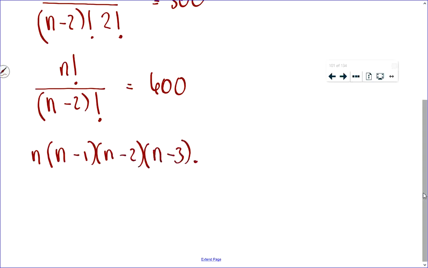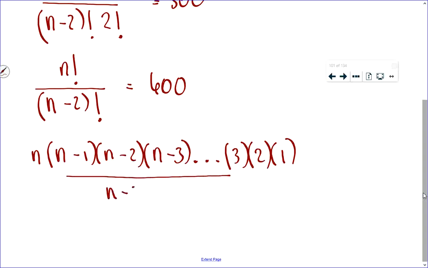I'm going to be overly ambitious here in writing this out. You could just stop at the n minus 2 and put n times n minus 1 times n minus 2 factorial. But this is over n minus 2 factorial.